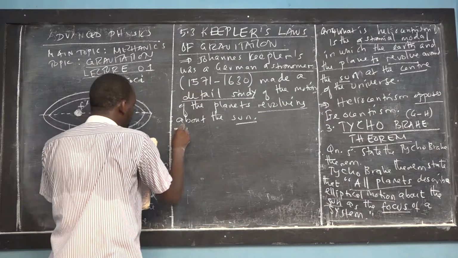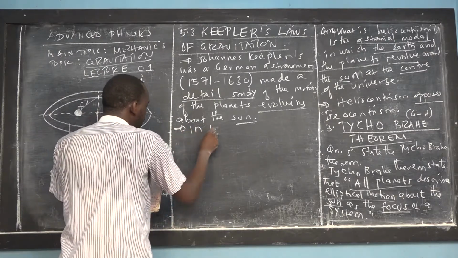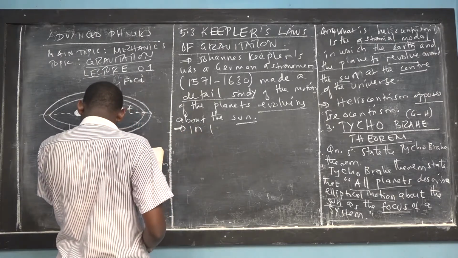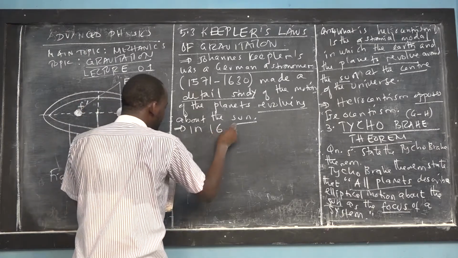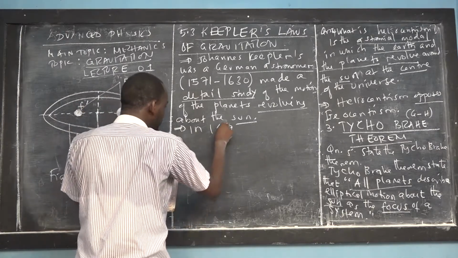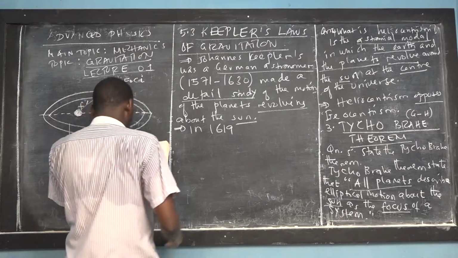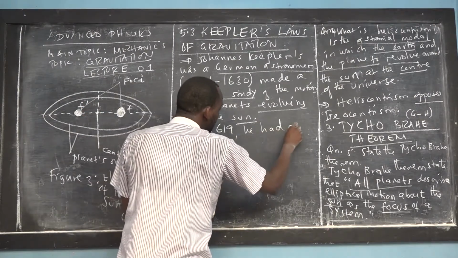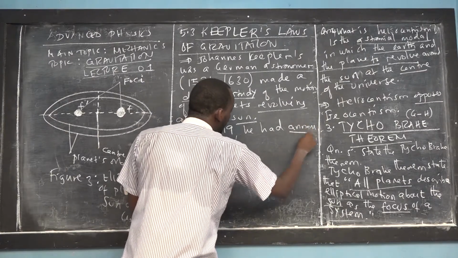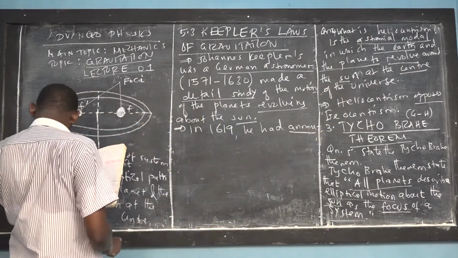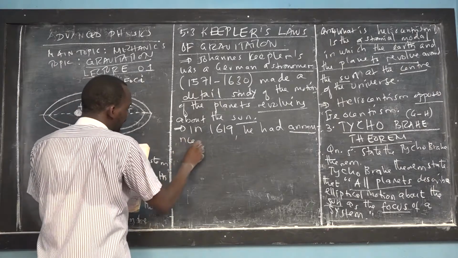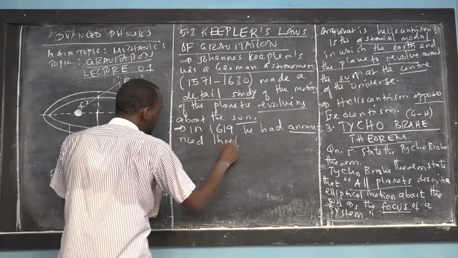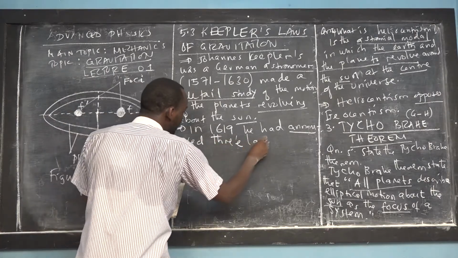That's what he did. Then, after a lot of studies, history says that in 1619, he officially announced three laws, which govern the motion of the planets.